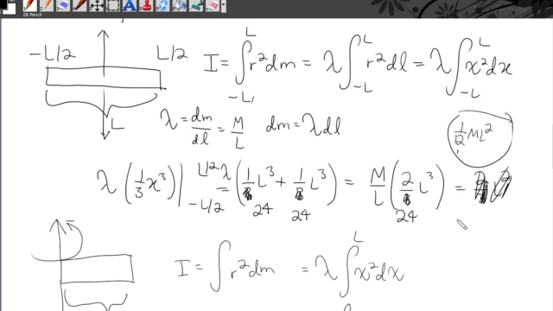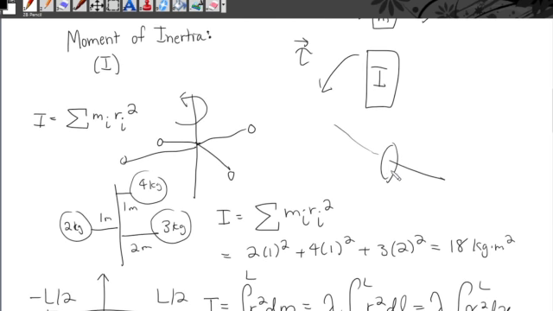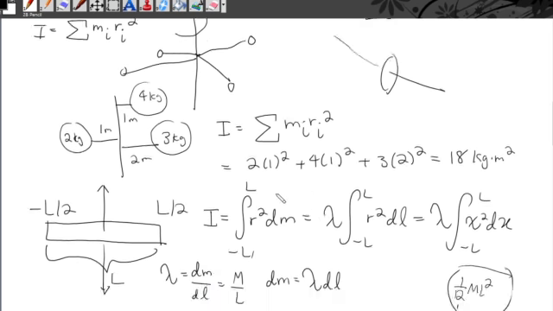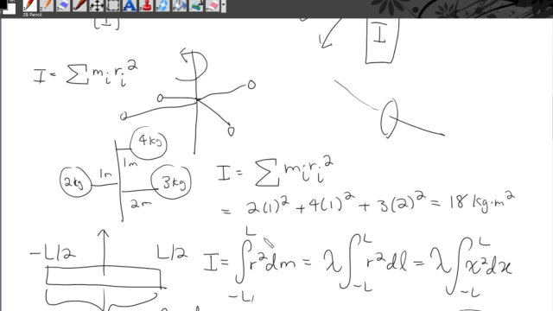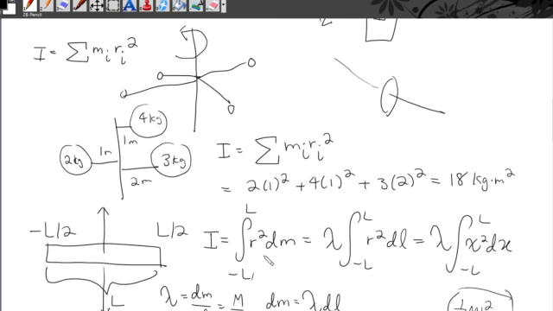Another important thing to note is, if you just look at this formula or this formula, you can already sort of deduce it. The further away the mass is distributed from the axis of rotation, or in other words, the higher the moment arm is, the greater the moment of inertia.